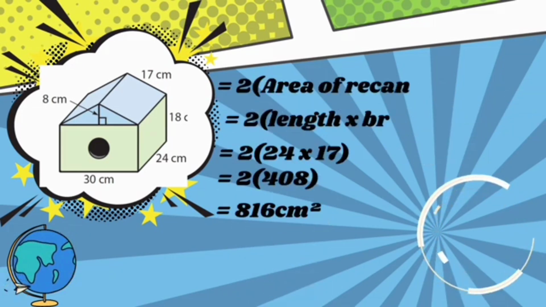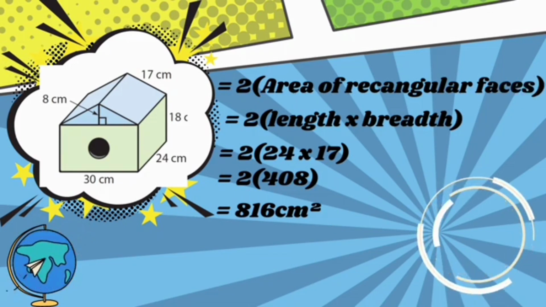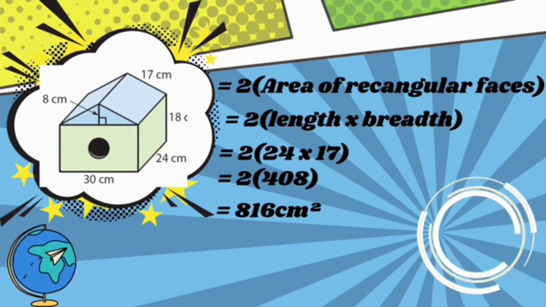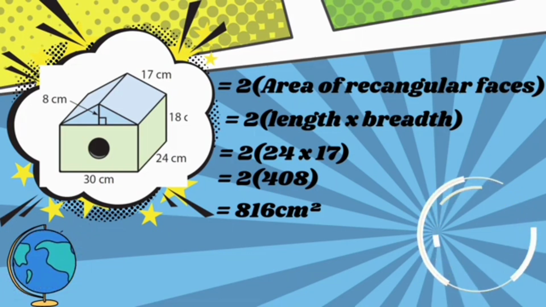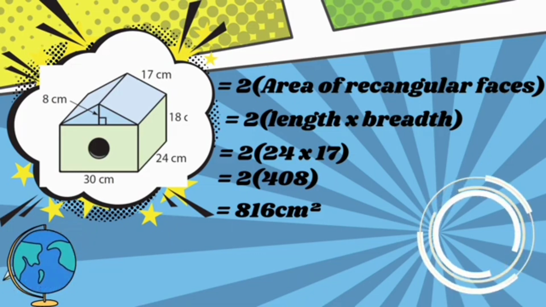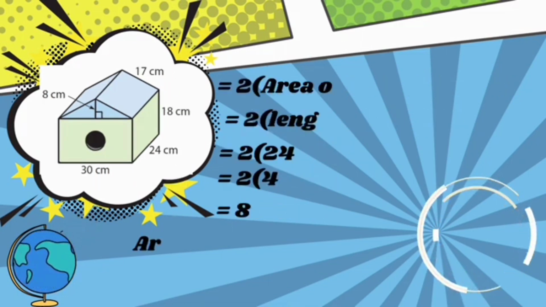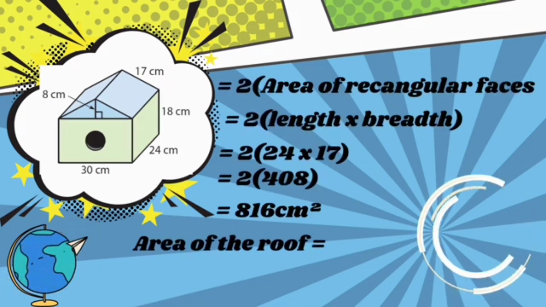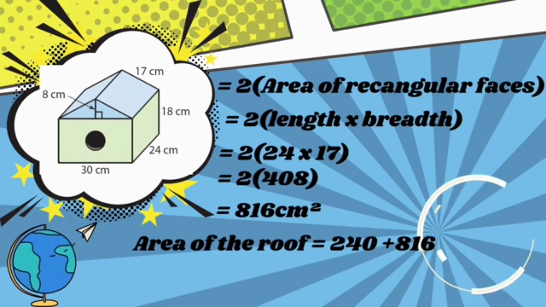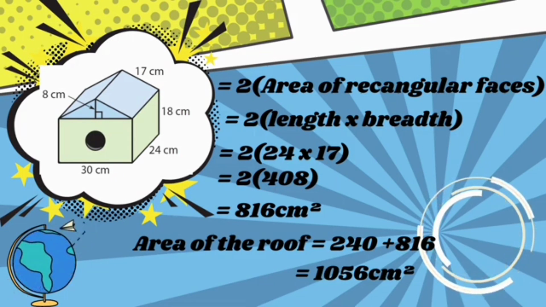Next, let's calculate the area of the two rectangular faces of the triangular prism, which is 2 times length times breadth. The length is 24 centimeters and the breadth is 17 centimeters. From calculation, the area of the two rectangular faces is 816 centimeters squared. When we add these areas together, the area of the roof, which is a triangular prism, is 1056 centimeters squared.